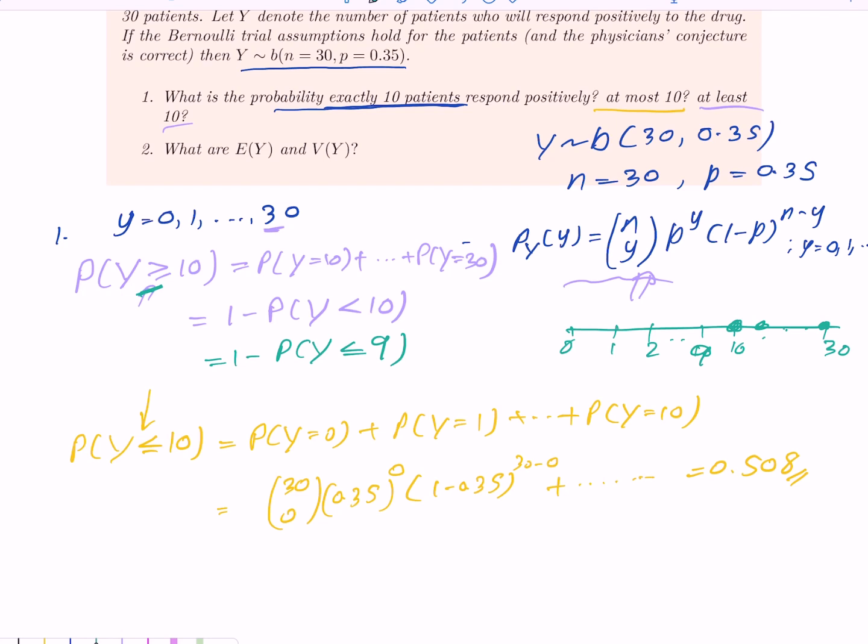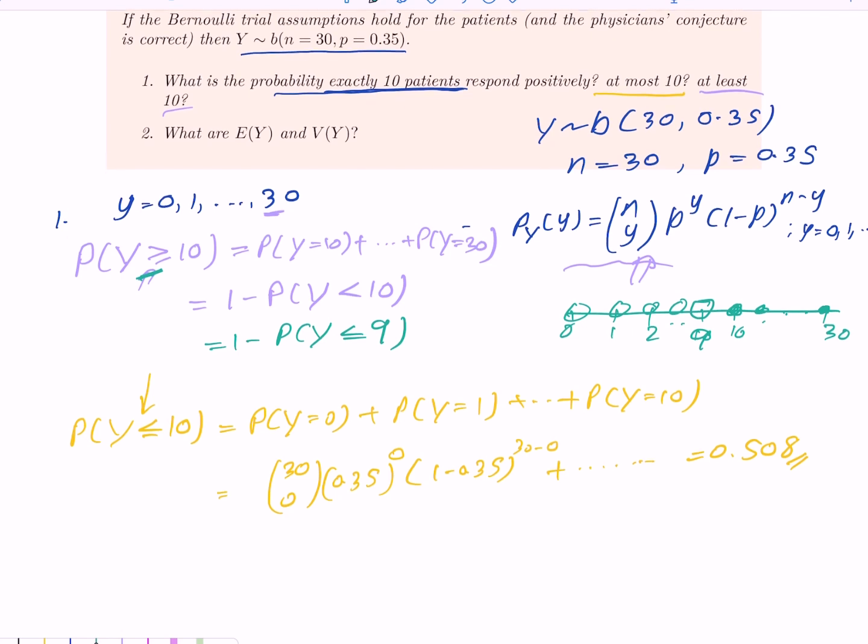So what is the complement? The complement starts from 9: 9, 8, then 2, 1, 0. That is true only for the discrete case, not for the continuous case. For the continuous case, probability y less than or equal to 10 or less than 10, both are correct. I will explain that in chapter 4 anyway.